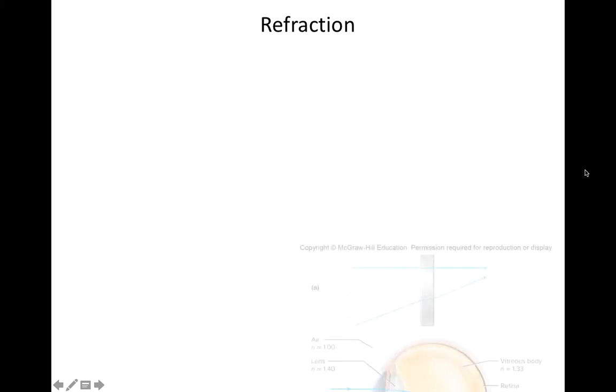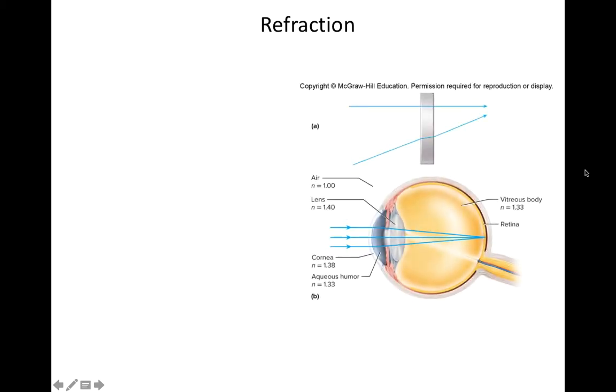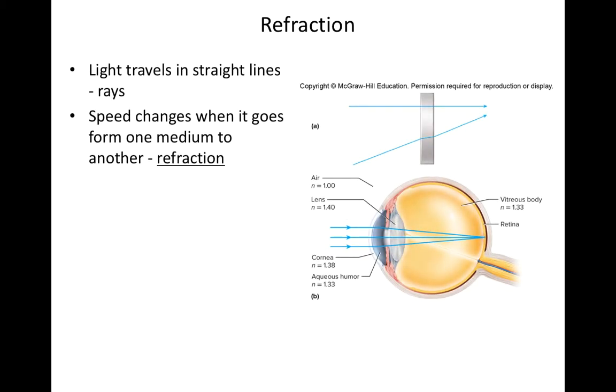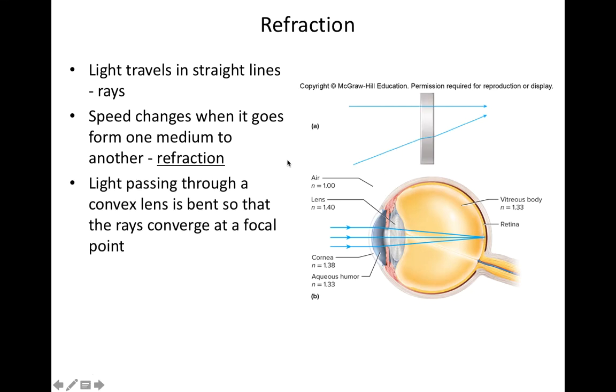All right, so let's talk about refraction. Light is going to travel in very straight lines. They're called light rays. But when they go through something, they tend to bend, which is called refraction. If they come at something at an angle, they can bend, or if they come at something that is curved.